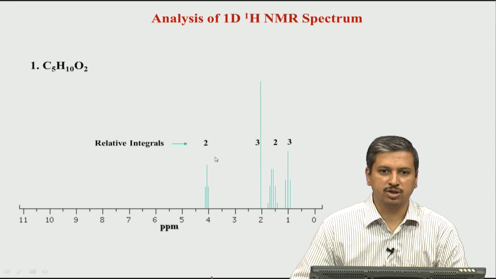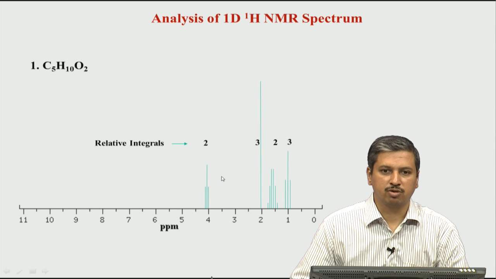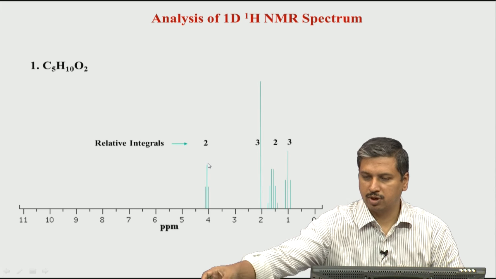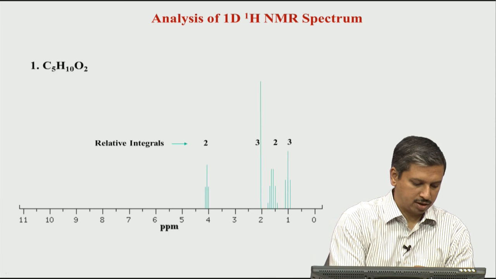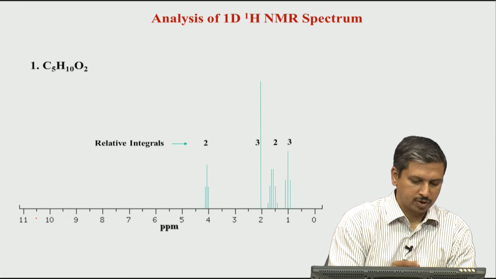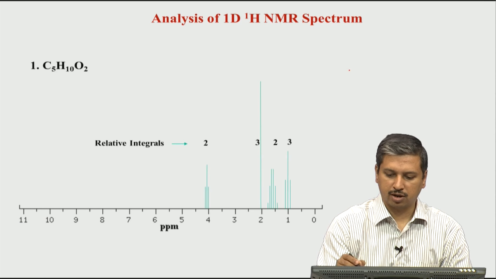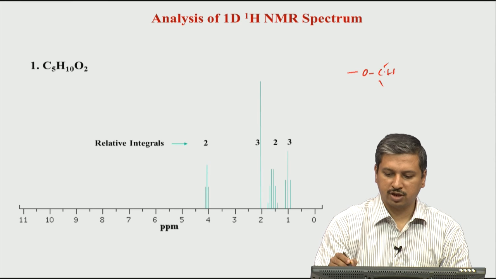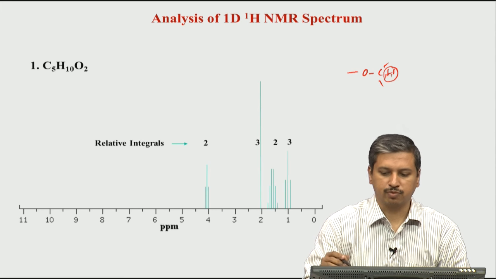So this particular peak could be coming from an OCH kind of moiety, and we will write this down when we derive the structure. Therefore this hydrogen will come downfield shifted at around 4 ppm.